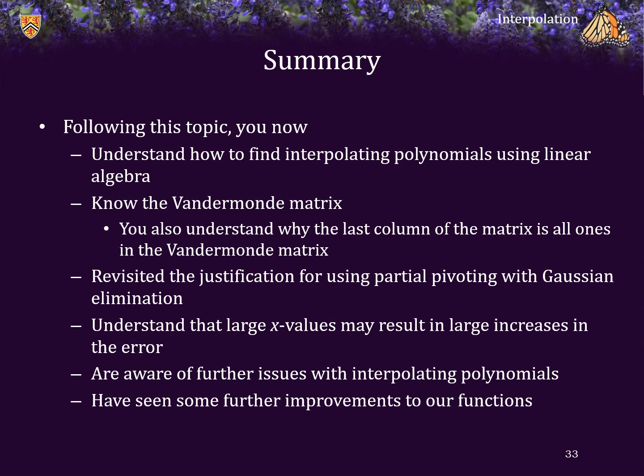We've revisited the justification for using partial pivoting with Gaussian elimination, where we have seen where a very small x value could result in catastrophic errors if we do not perform partial pivoting. We also have seen, and you understand, that if we have very large x values in the Vandermonde matrix, this can significantly increase the error, as seen in the condition number, and this consequently suggests we should be shifting the x values closer to the origin.